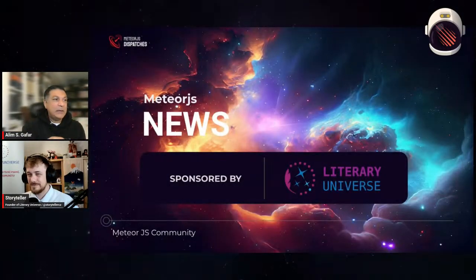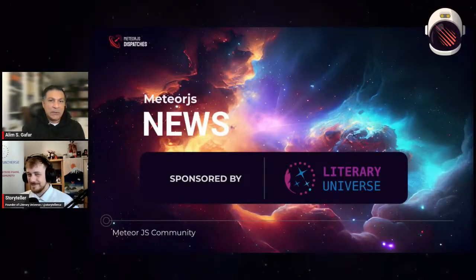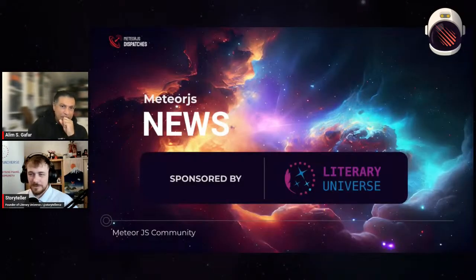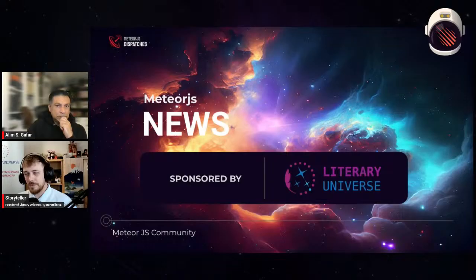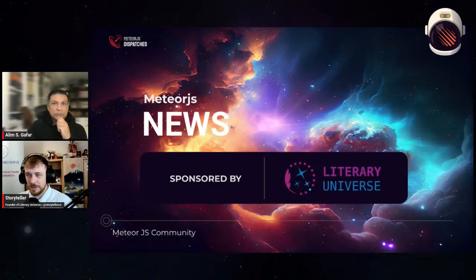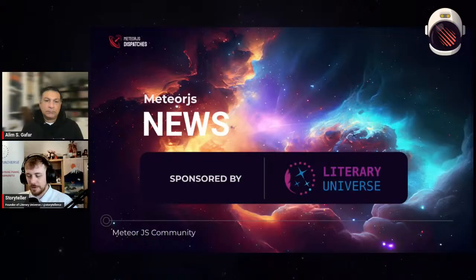All right. So Storyteller, what do we got with the Meteor news? We have two short updates. First of all, Meteor 3.4 development has moved to beta 14, which incorporates a lot of submissions from the community, including some of mine.